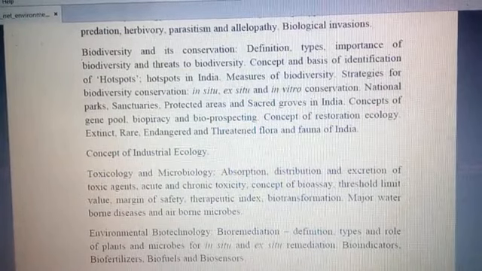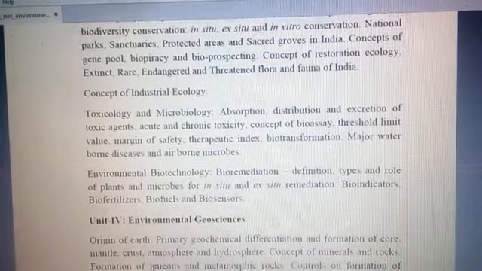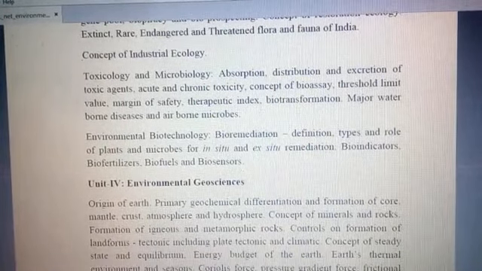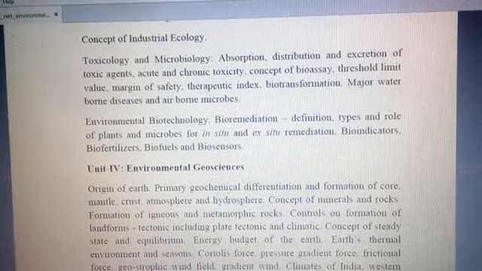In unit 4 we will study the environmental geosciences. In this topic: the origin of the earth, primary geochemical differentiation and formation of core, mantle, crust, atmosphere and hydrosphere.